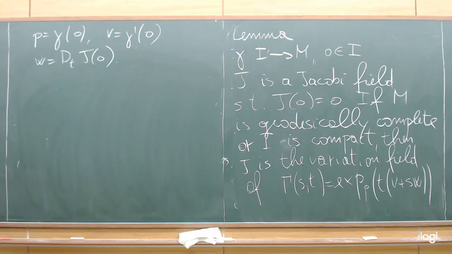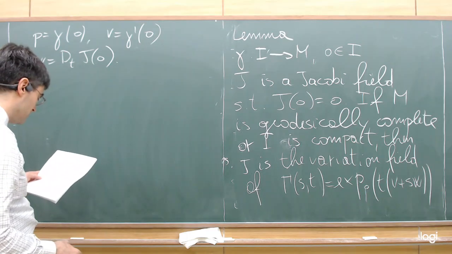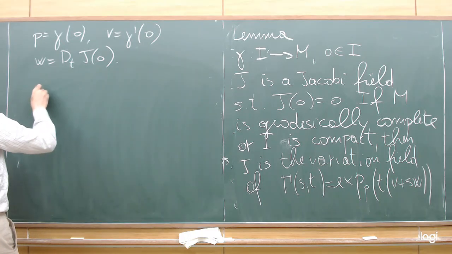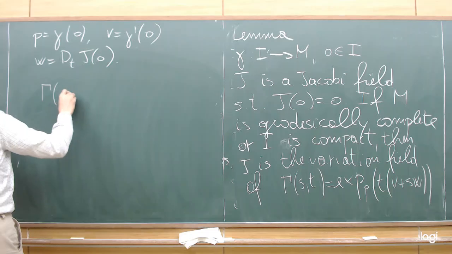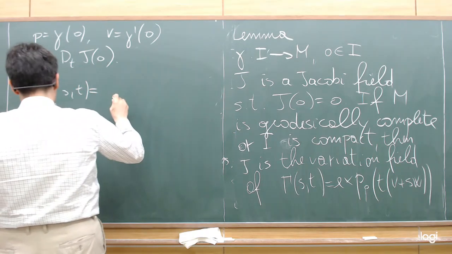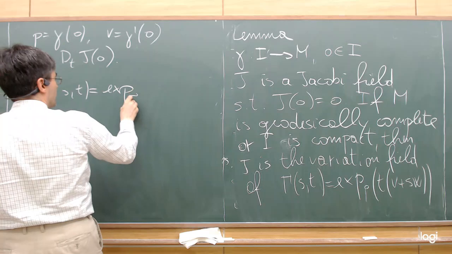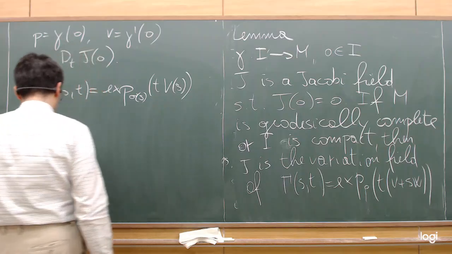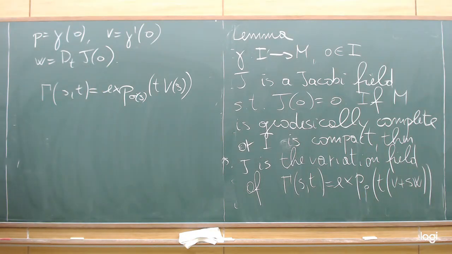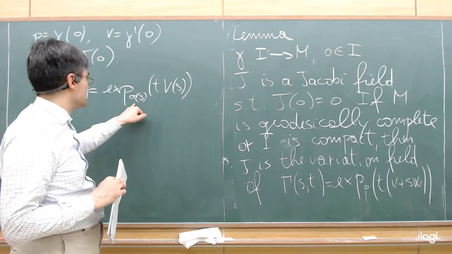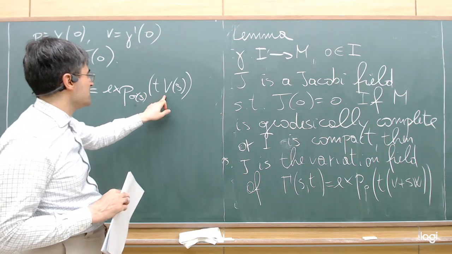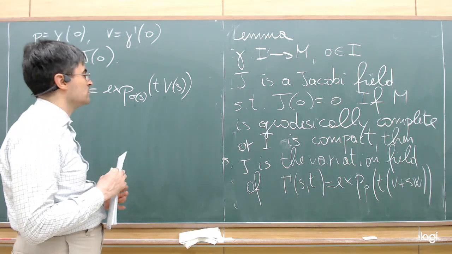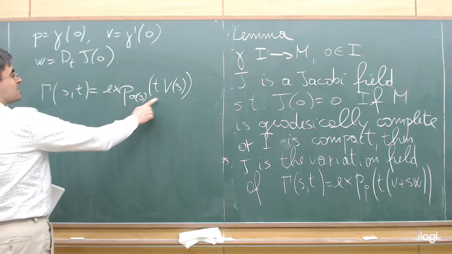I don't prove this lemma. It's very easy. For the proof, I just tell you that you have to use this formula, where sigma_s is a curve and V_s is a vector field along sigma_s, making the appropriate choices for sigma_s and V_s.